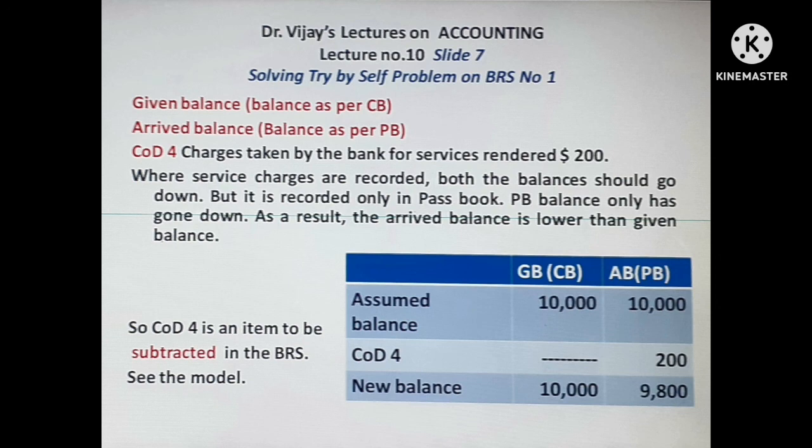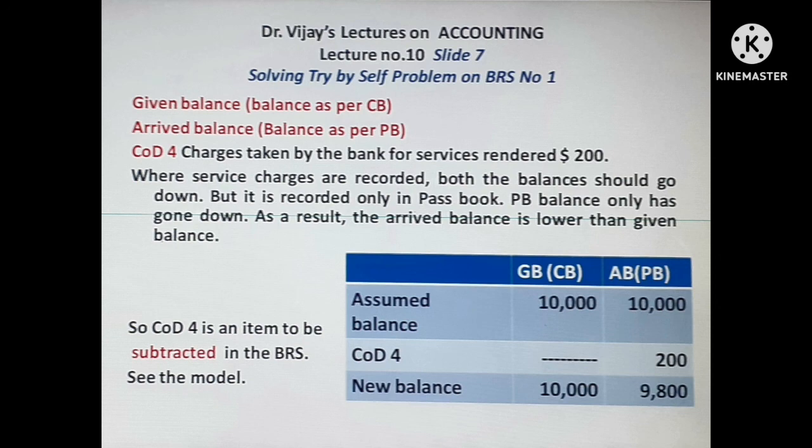Favorable balance will go down. But it is actually recorded only in the passbook. Passbook balance only has gone down. As a result, the arrived balance, the passbook balance here, is lower than the given balance. So the item is to be subtracted. Let us look at the model. Assumed balance is given in both GB and AB, $10,000.